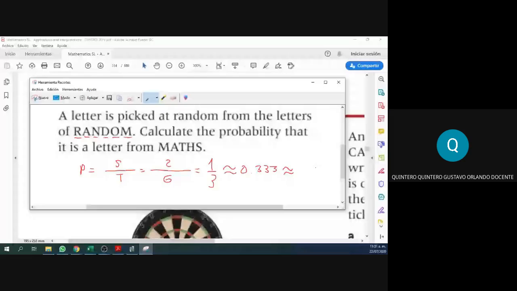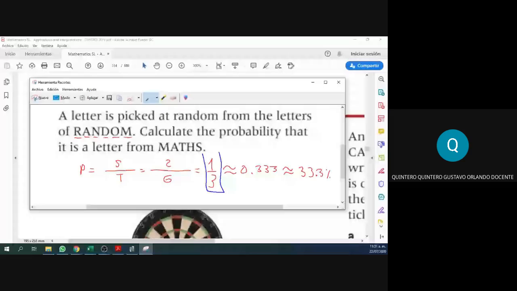Or we can put this in a percentage, right? So this is around 33.3%. You can choose just this. This is a good answer. If you want to leave it like this, it is okay. If you want to expand, for whatever reason, maybe you like percentages, so you do this.